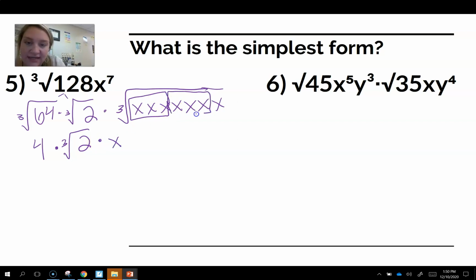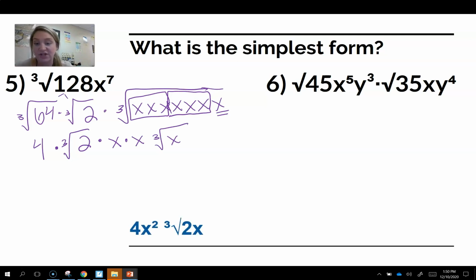Here's another 3 x's, so another x gets to come out, but this guy is by himself, so he is going to stay underneath my radical. So let's look at what got brought to the outside of the radical. There was a 4 and there were 2 x's. So that's 4x squared. And underneath my radical, I still have a 2 and an x. So our answer is going to be 4x squared times the cube root of 2x.